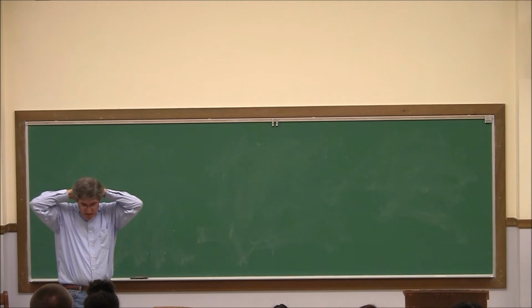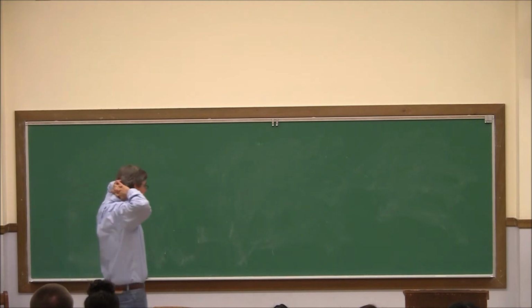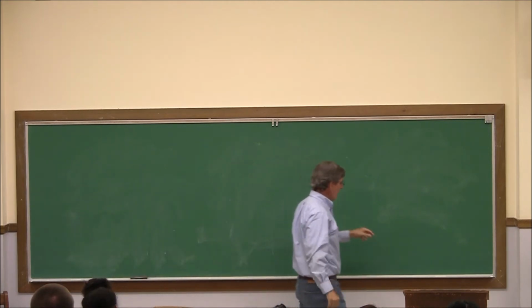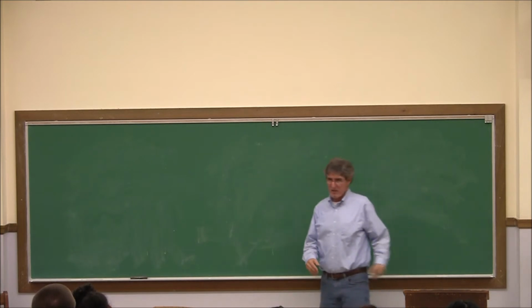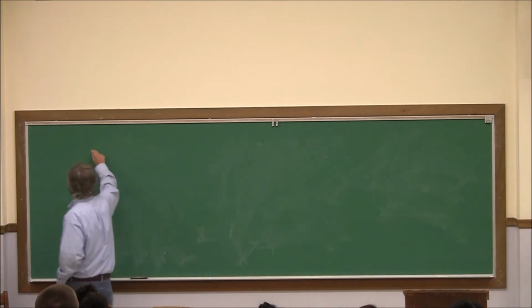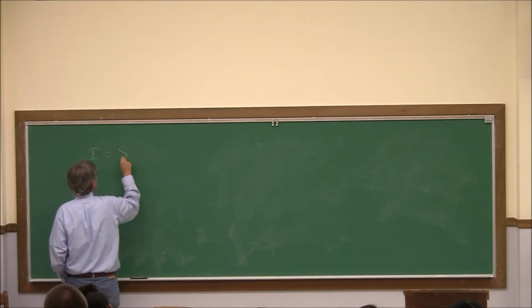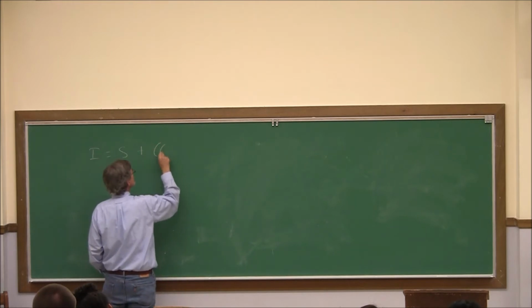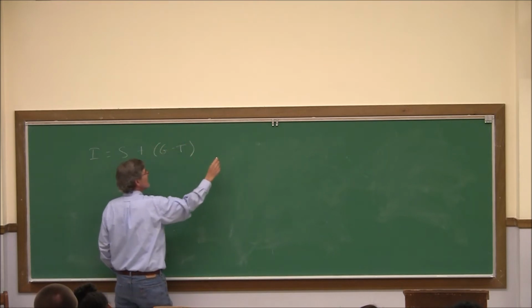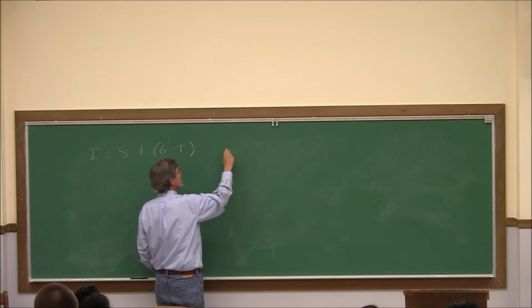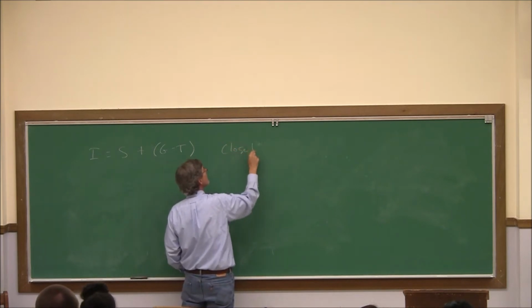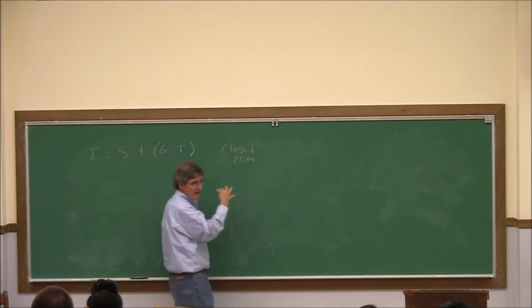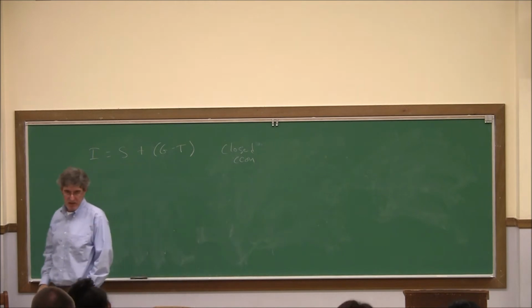So where we started was, if you remember, one of our equilibrium conditions was that I equals S plus G minus T. It's a closed economy, so we're not worrying about net exports in our equation.